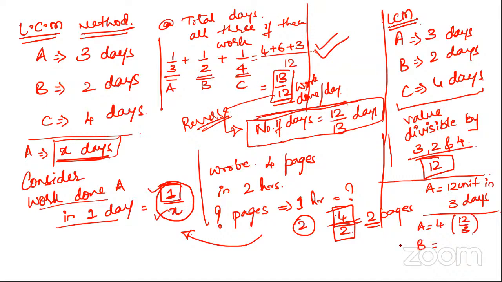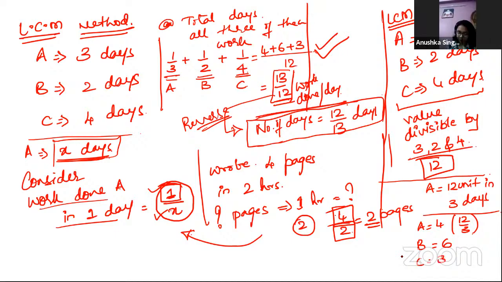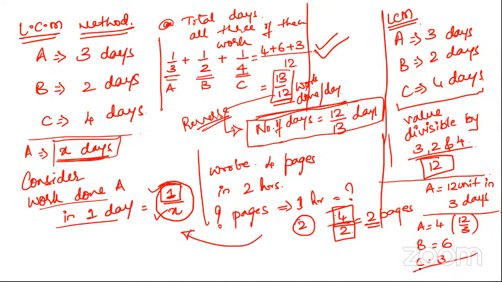B will do 12 divided by 2, 6. And C will do 12 divided by 4, 3. Total, ABC will do how many units in 1 day? 4 by A, 6 by B, 3 by C. So A plus B plus C, 13 units in 1 day.